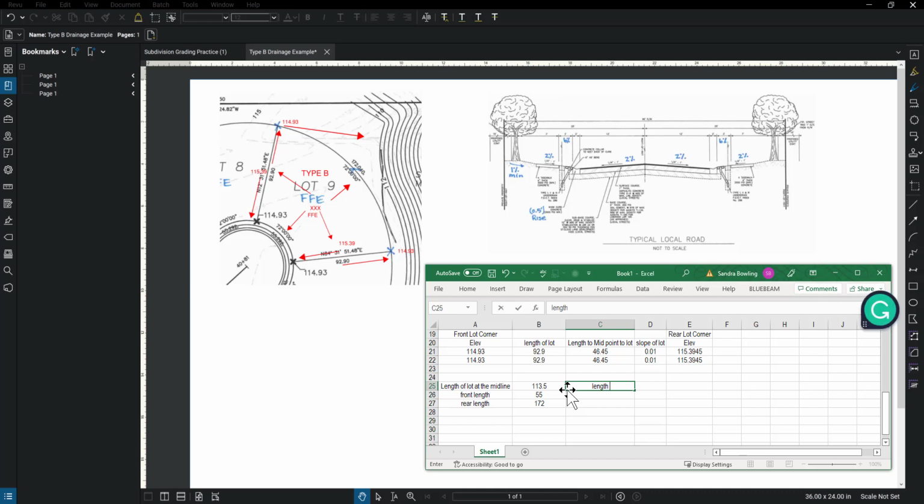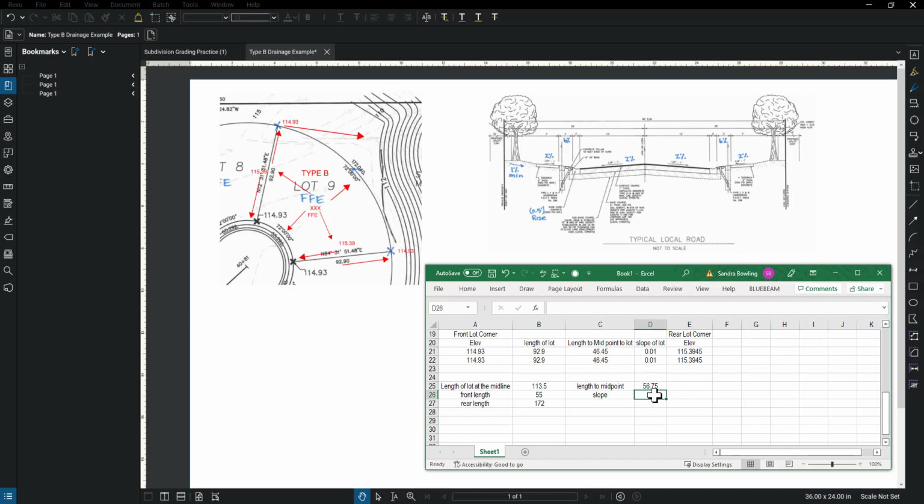So the length to the midpoint is equal to this value divided by 2. Okay, so from basically the center here to the midpoint here is about 57 feet. From the midpoint here to the midpoint of that line there, again, because it's mirrored, is about 57 feet.